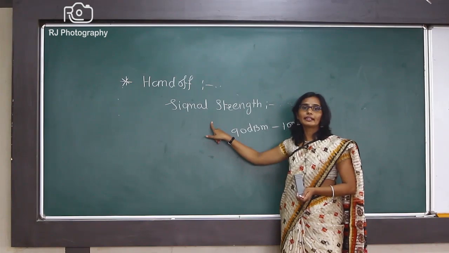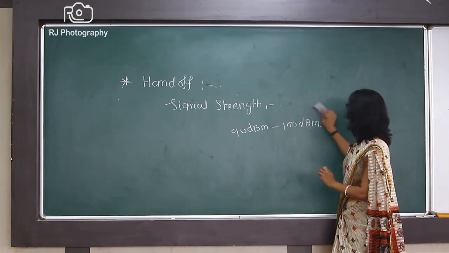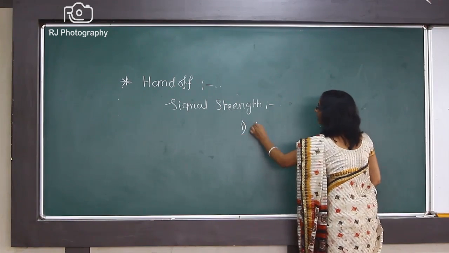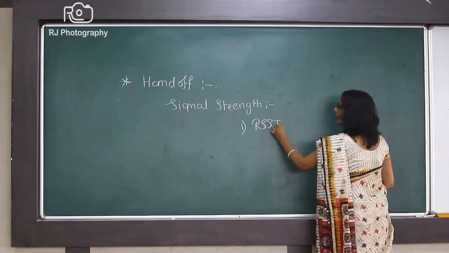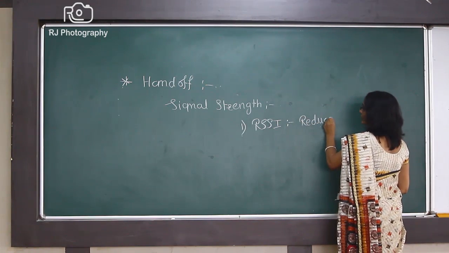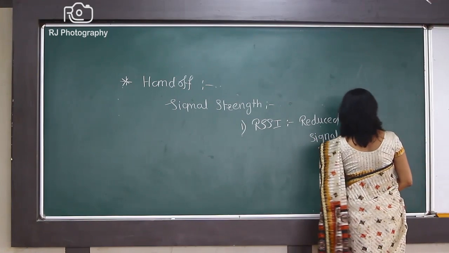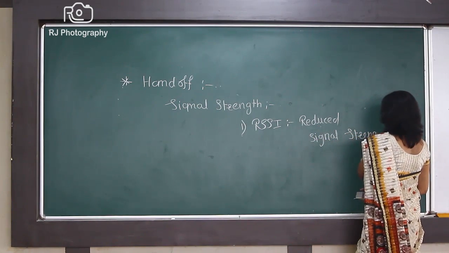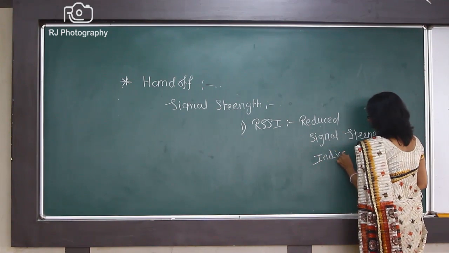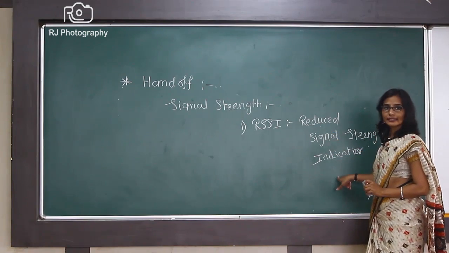Now the important thing is how to measure the signal strength. There are various techniques which are going to help us in measuring the signal strength, and that we are going to cover now. For the measurement of signal strength, the technique known as RSSI, which means received signal strength indicator, is one technique.